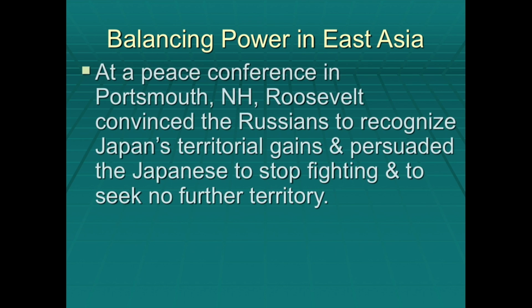Balance of power in East Asia. At a peace conference in Portsmouth, New Hampshire, Roosevelt convinced the Russians to recognize Japan's territorial gains and persuaded the Japanese to stop fighting and to seek no further territory.